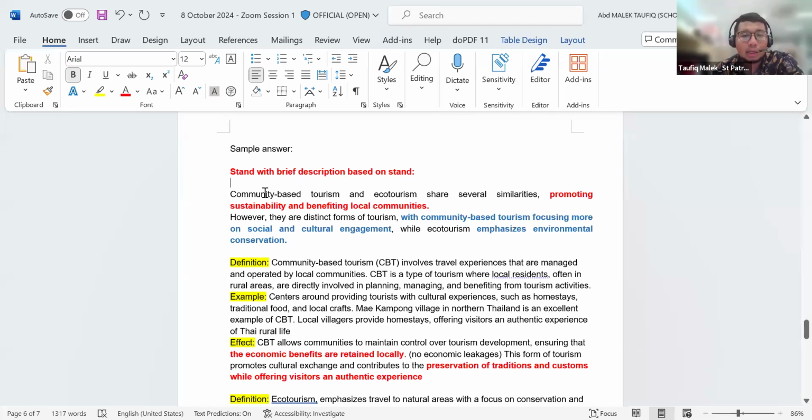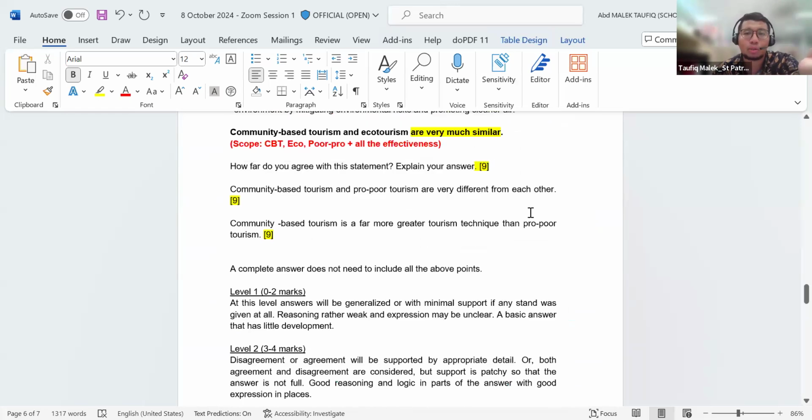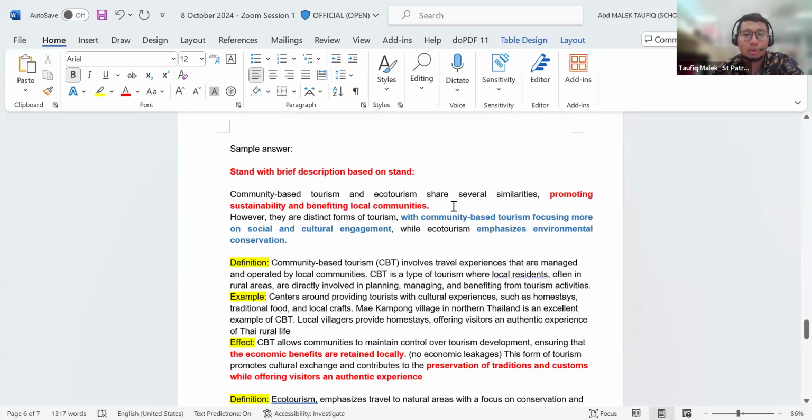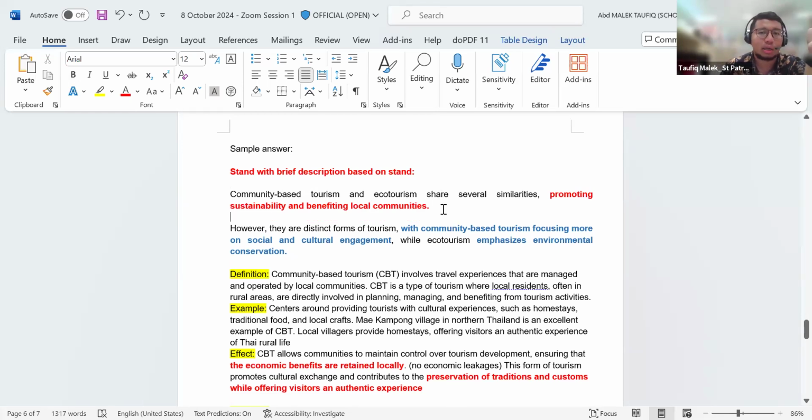So from this, I see that community-based tourism and ecosystem share several similarities. So I am going back to the question, talking about similarity, right? So share several similarities, which promote sustainability and benefiting local communities, right? So I provide a clear stand, which is there is similar in terms of both tourism.